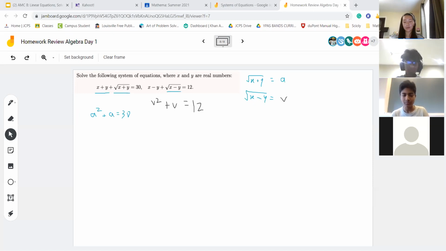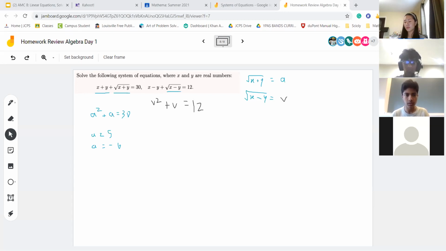Okay, so now we're going to solve for A and V. In the first equation, A could equal 5, and then A could equal -6. In the second one, V could equal 3 and -4.